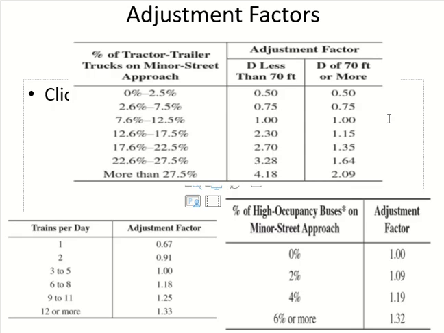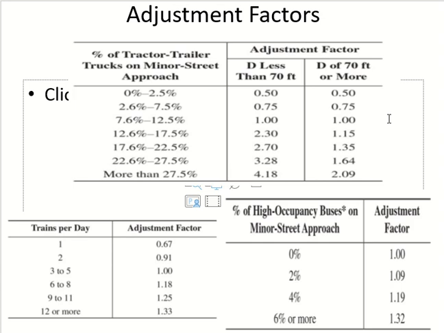If you don't meet the base condition, then you take the adjustment factors from here. This one is for the trucks, this one is for the trains, and this one is for the buses. 3 adjustment factors. If there are no buses, you will not apply this.